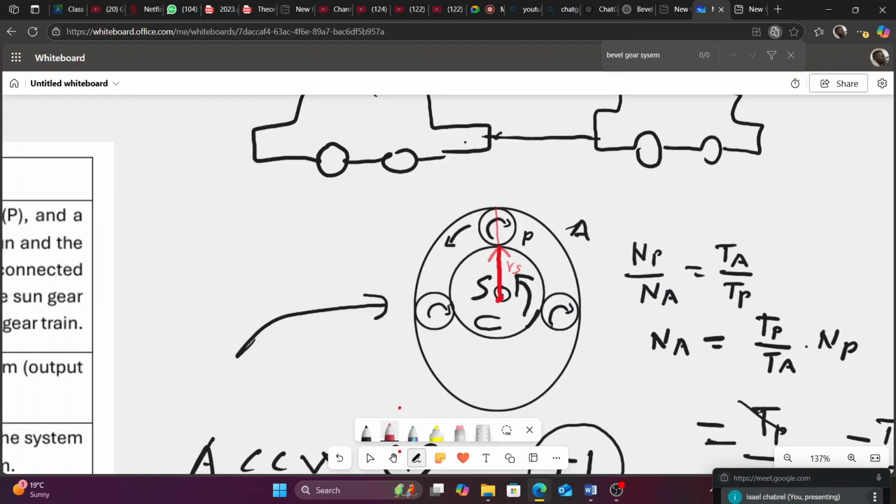You also complete this one, which is what? 2 times RP. So basically, for you to get the number of teeth of A, you can write RS plus 2 RP is equal to RA. Remember, this radius here is simply represented by number of teeth. So you can simply say TS plus 2 TP is equal to TA. I don't know if you see it, guys. Do you guys see it?